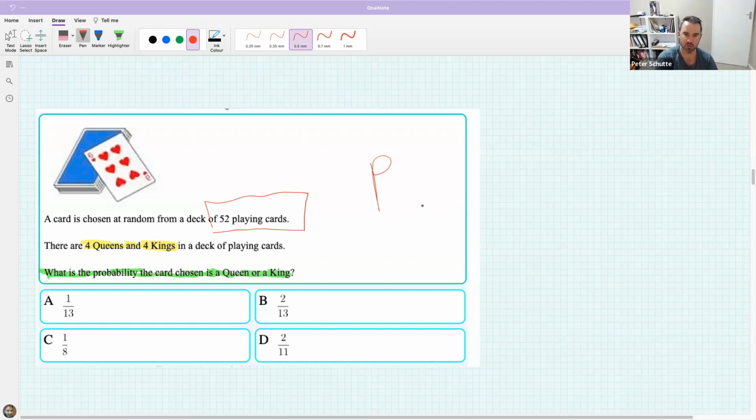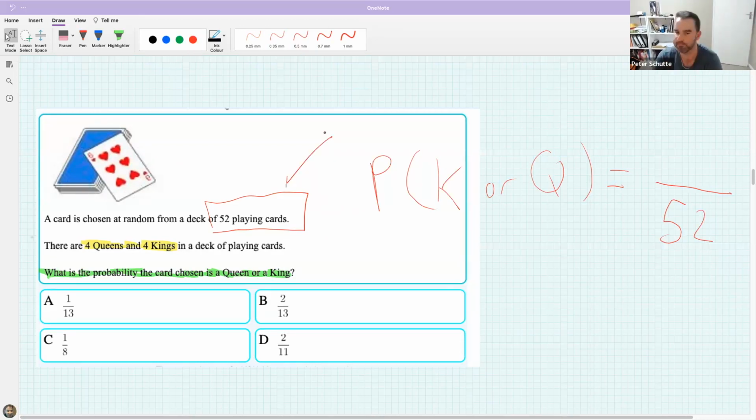So maybe I would say probability of the king. What's the probability of getting a king or a queen if you're getting a card from the pack? Now this has to be 52 because they told us that.